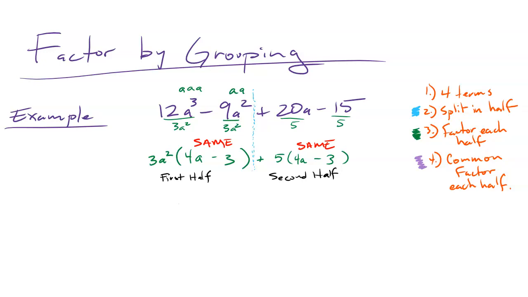Well, the first half and the second half each have the same thing. So they each have a whole parentheses that's the same. So I'm going to put the whole parentheses first, because the whole parentheses is what they have in common.